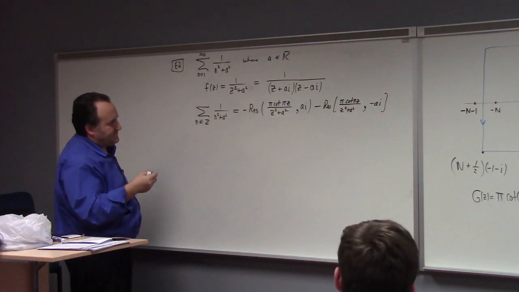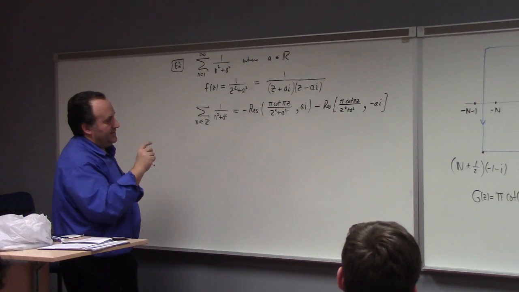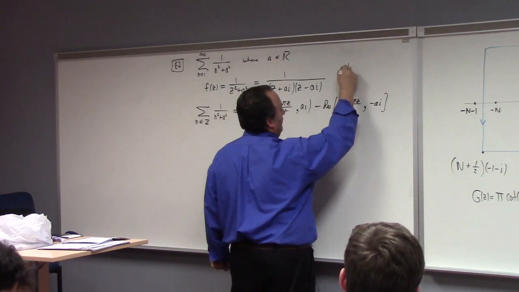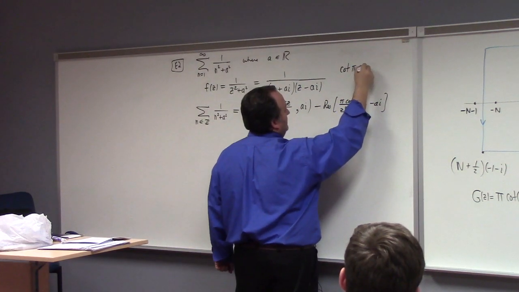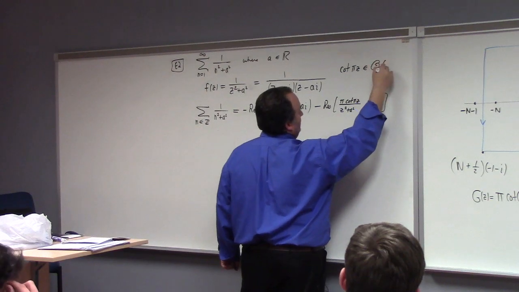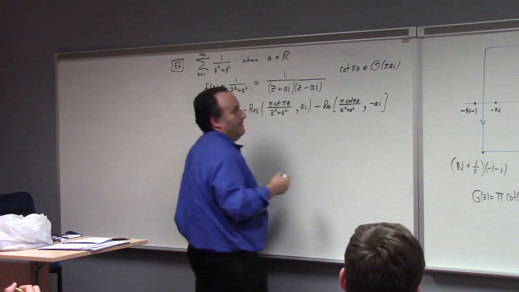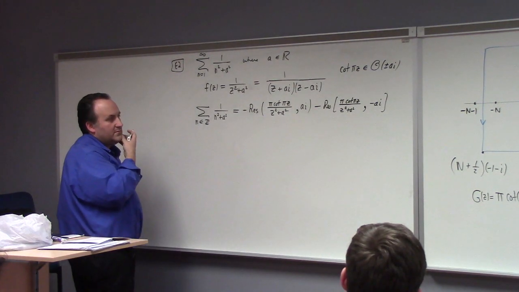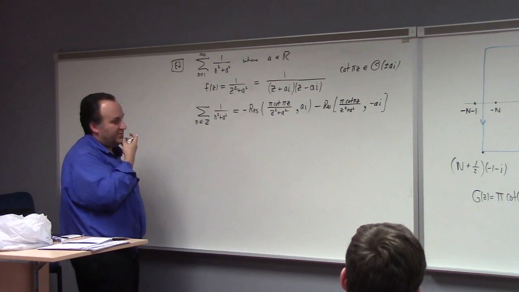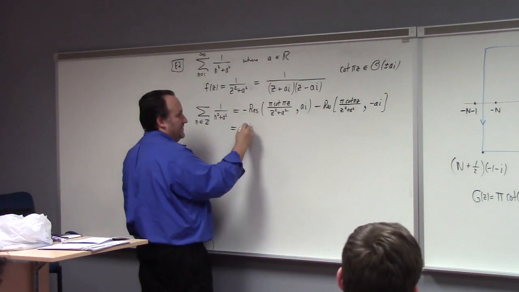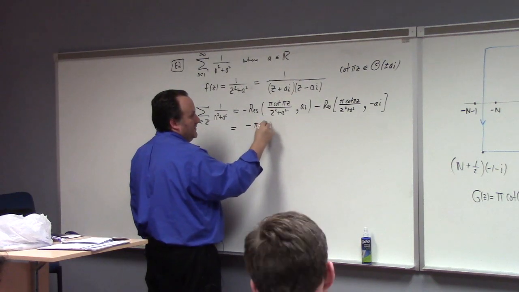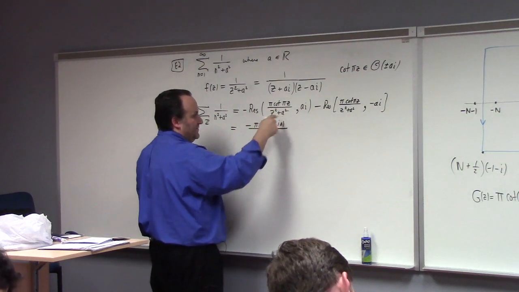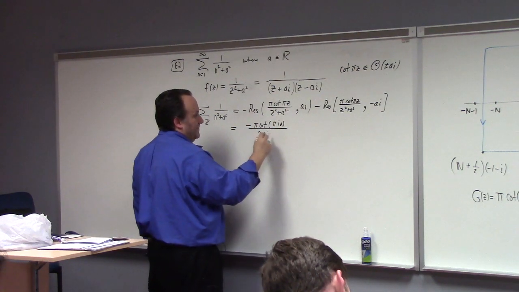But since ai is not an integer, cotangent pi z is holomorphic at plus or minus ai, right? Which is to say that we can use rule 3. Yep, rule 3 is the one. And that's going to give us minus pi cotangent pi ia divided by the derivative, which is 2z, so I get 2 ai.